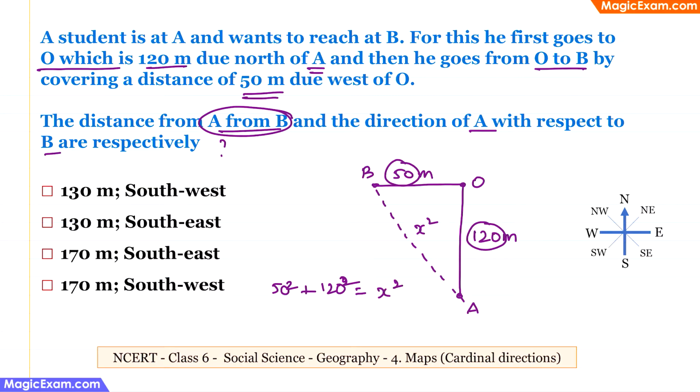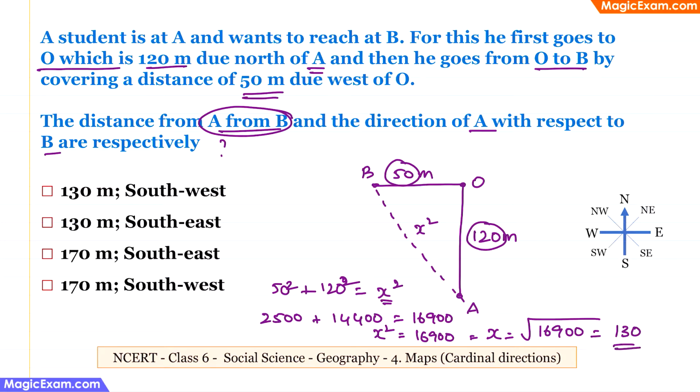Therefore 50 squared is 2500 and 120 squared is 14400, so the sum is 16900. So this is x square. Now if x square is equal to 16900, then x is equal to square root of 16900, that will be 130. Therefore the distance between A and B or B and A is 130.